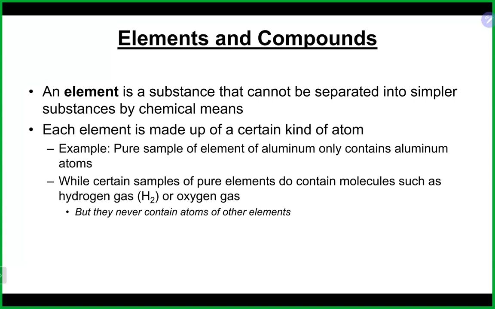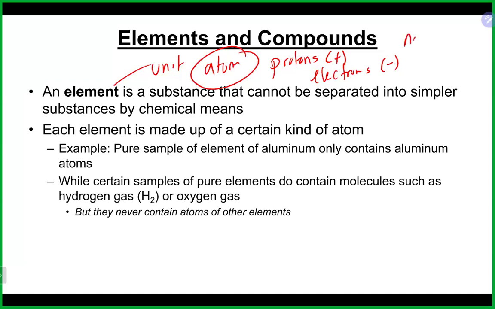All right, so let's talk a little bit about elements and compounds. An element is really the basic unit of everything. It can be found on the periodic table, as we will talk about. Charge and neutrons, which have no charge, make up an atom.